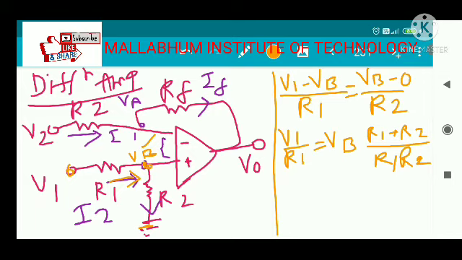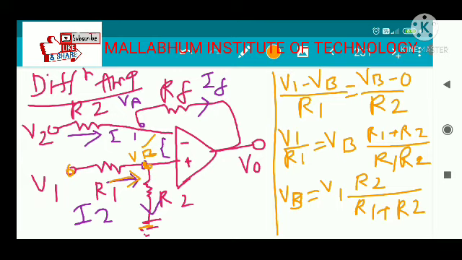So VB is nothing but V1 into R2 divided by (R1 plus R2), after R1 gets cancelled. So this is your VB.